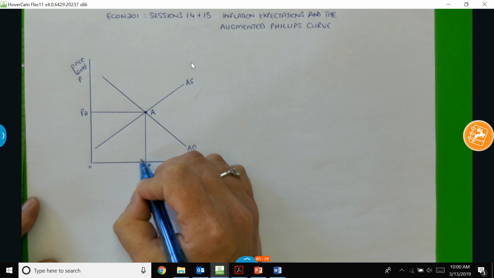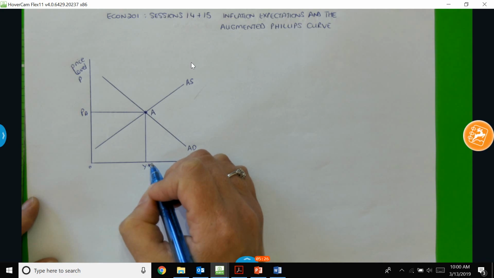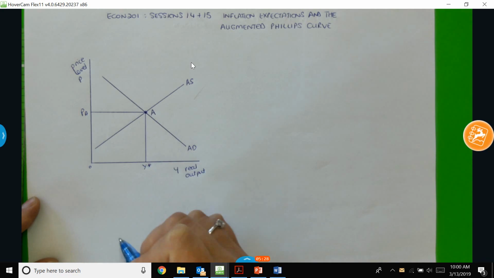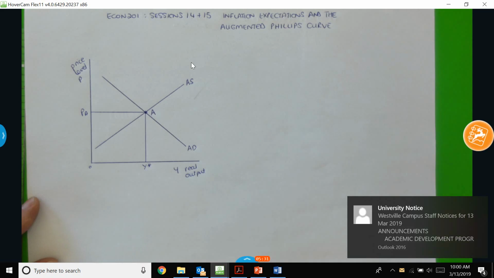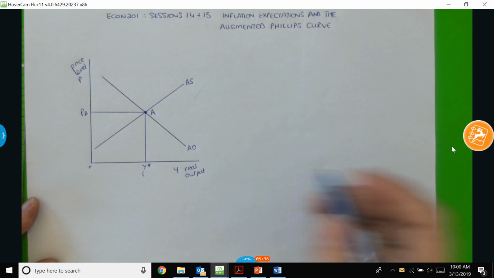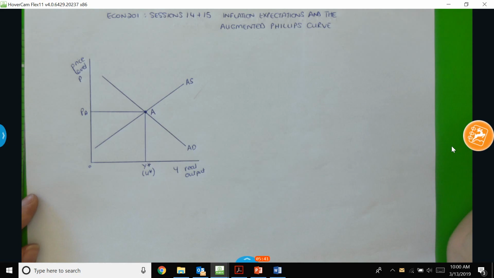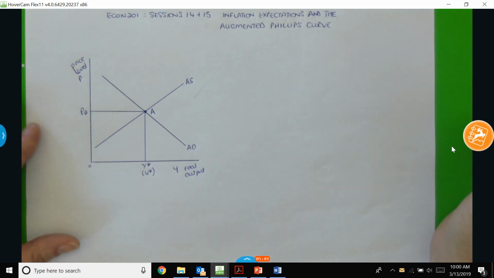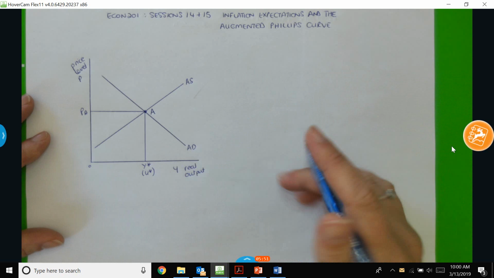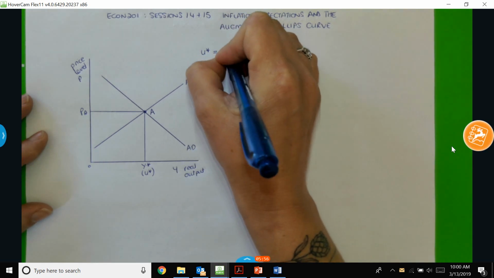Remember that the full employment level of output and production is the level of output that's achievable if firms in the economy are using their resources to their fullest potential, and that is associated with a certain amount of unemployment. Specifically, the amount of unemployment at the full employment level of output is known as the natural rate of unemployment. Like before, we're going to attach some figures to the unemployment rates that we end up using. So we're going to say that the natural rate of unemployment is 5%.